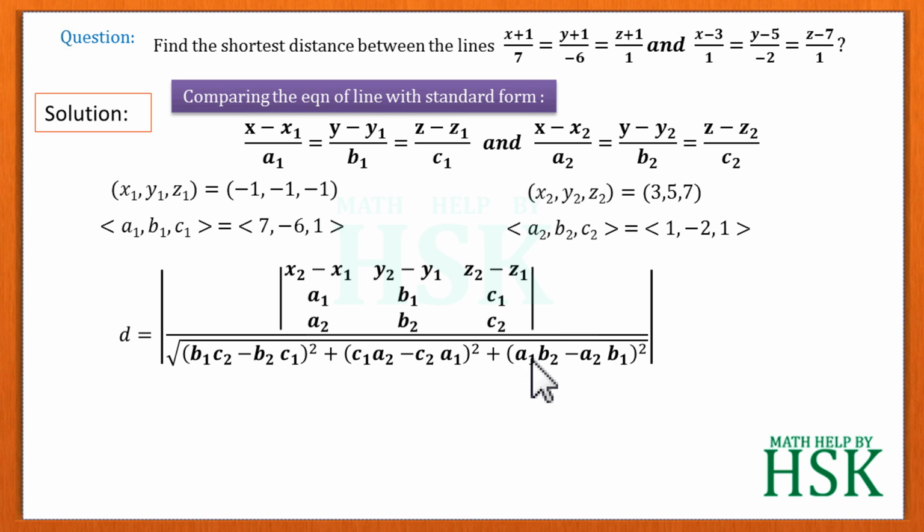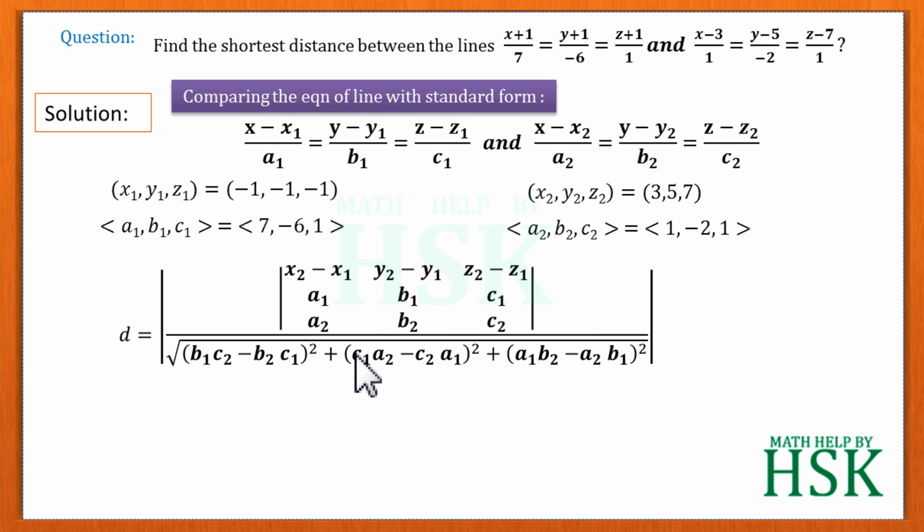The whole value is divided by (b1c2 - b2c1) whole square, and you just change b with c and c with a to get this expression, and c with a and a with b to get the next expression. If you apply a little bit of tricks, then in your exams you will not get this formula wrong.